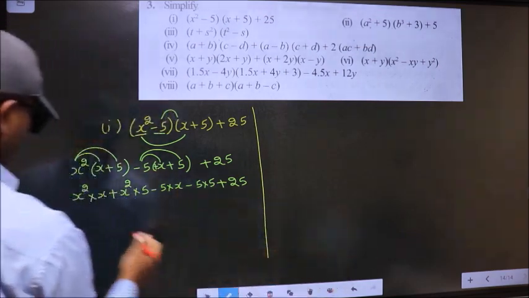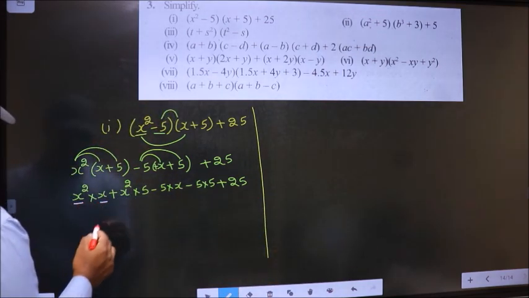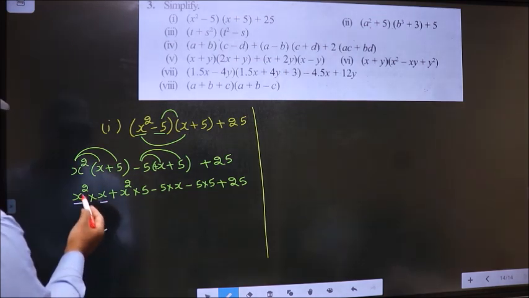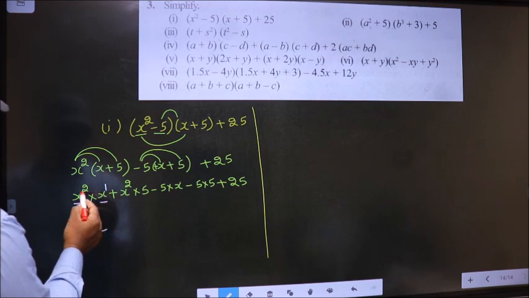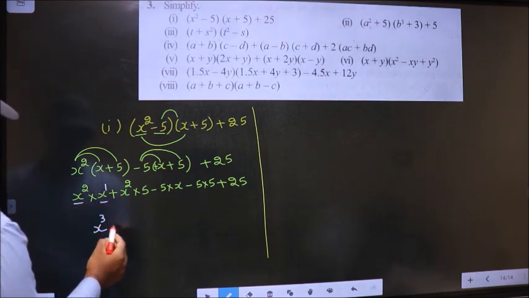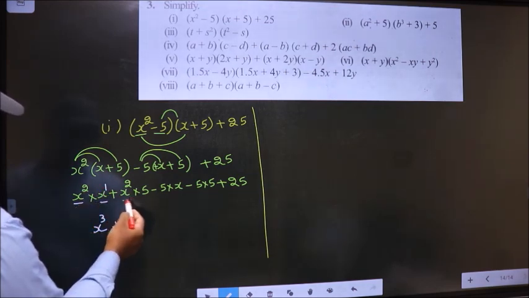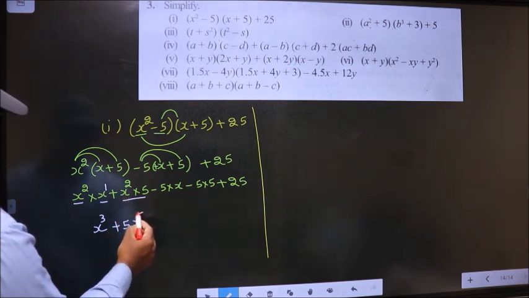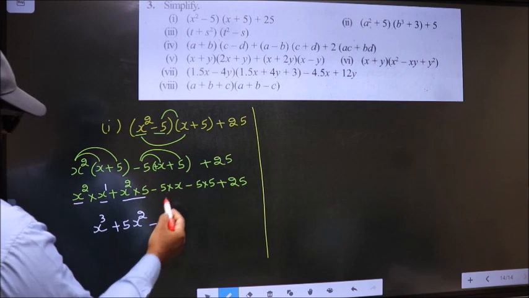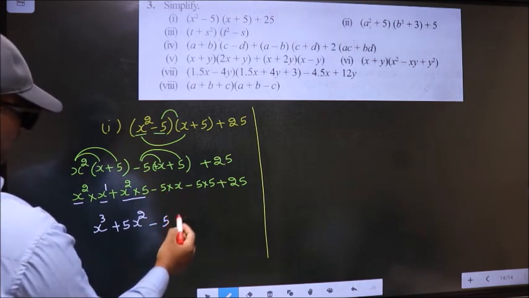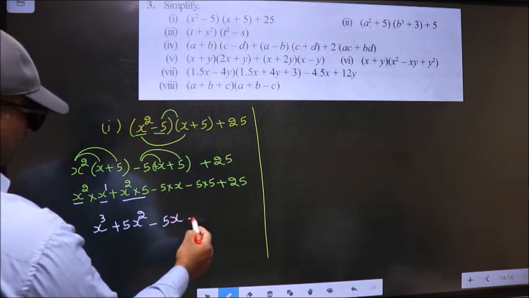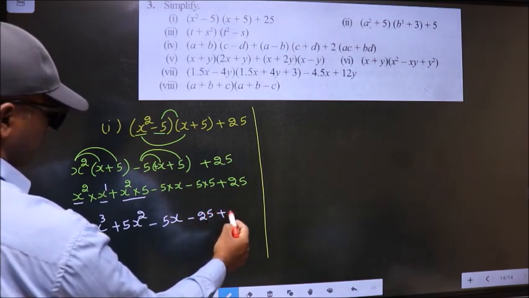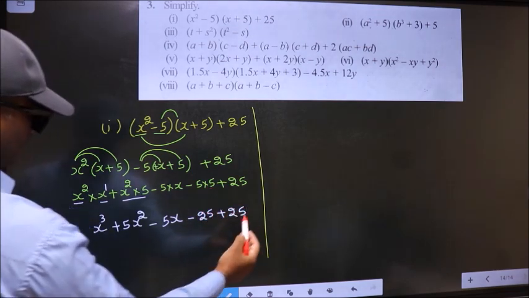Now x square into x, you write x, and the power is the sum of the powers, that is 2 plus 1, 3. Plus 5x square. Minus 5x, x appeared only once. Minus 5 into 5 is 25, plus 25 as it is.